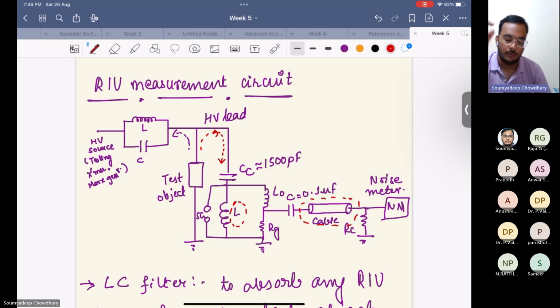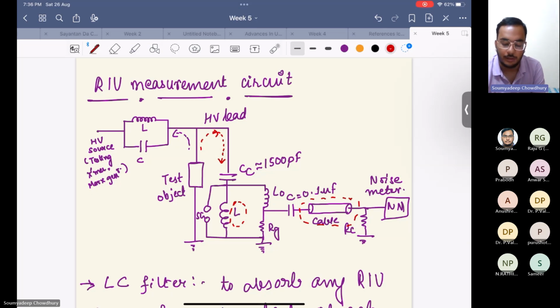Okay. So this cable is connected basically because we cannot directly connect any high voltage equipment to a meter. Depending on the traveling wave phenomena, there will be intensification of these high voltage signals due to multiple reflections and refractions. There will be multiplication of these voltage signals, and that can destroy the meter.